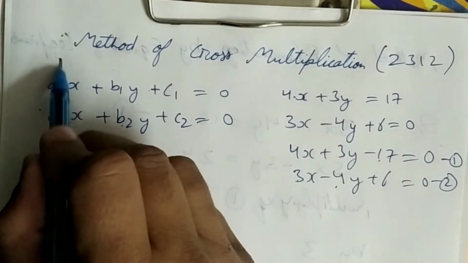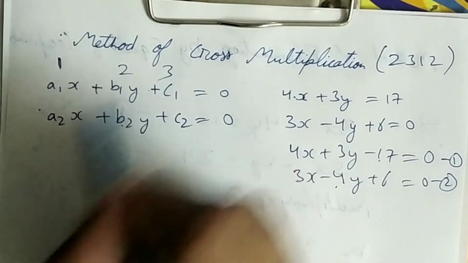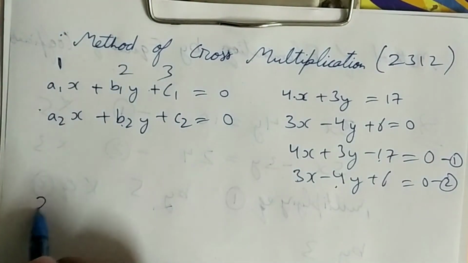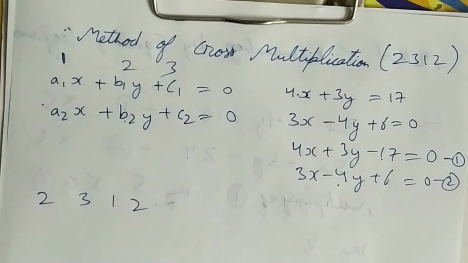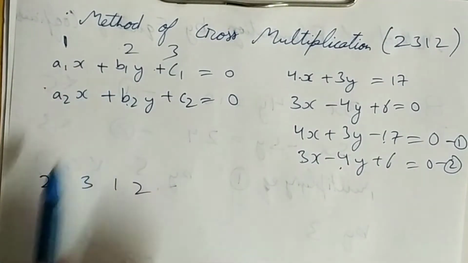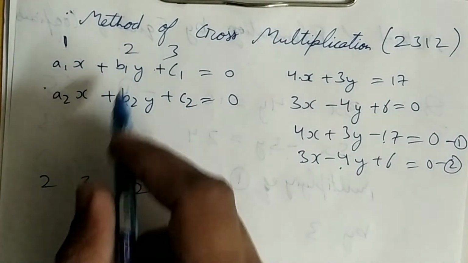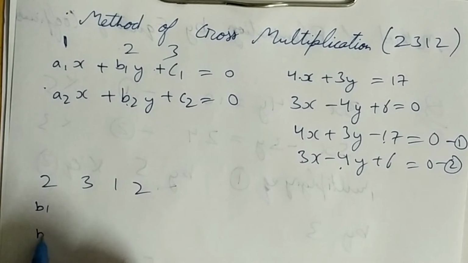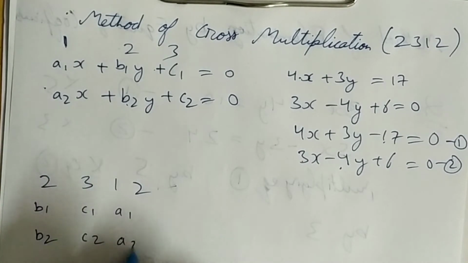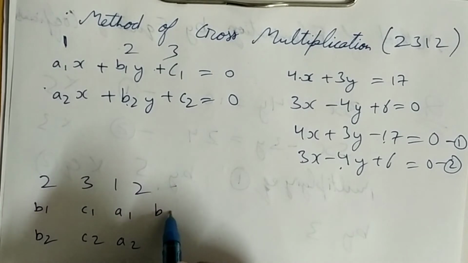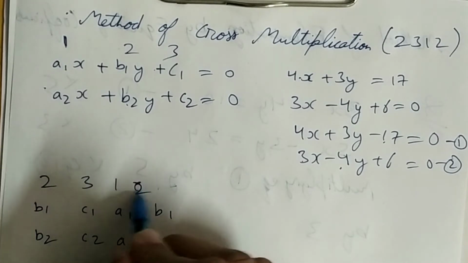So this is your 1, this is 2, this is 3. So 2 3 1 2. You have to write just the coefficients of these three terms. So in place of 2, what will we write? b1 b2, c1 c2, a1 a2, and in the end again b1 b2.